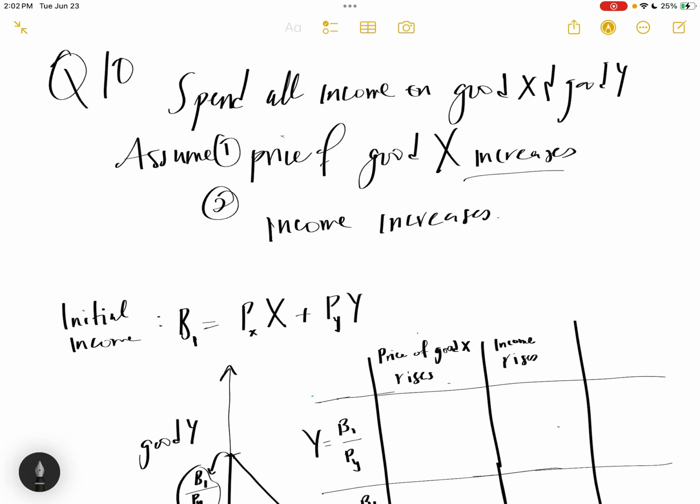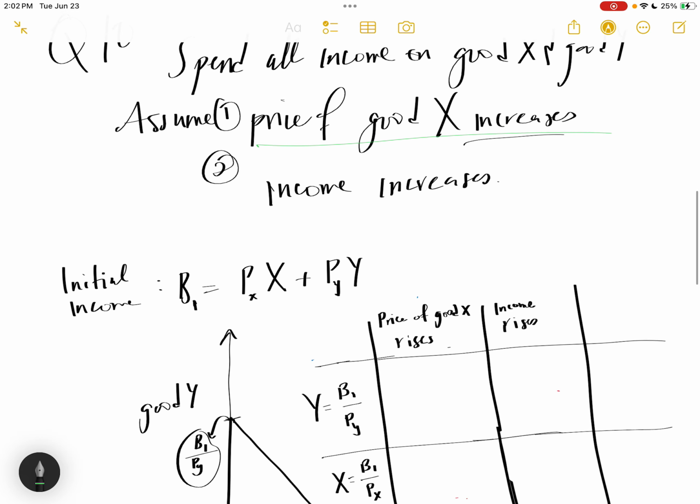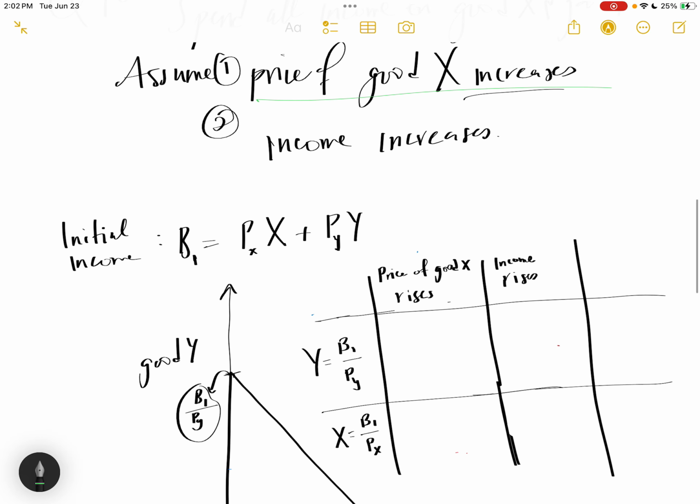Okay, moving on to another question. Spend all income on good X and good Y and assume price of good X increases and income increases. Okay, we are given two scenarios where in one scenario the price of good X increases. We can use that scenario to deduce what happens to the maximum units of good Y that one could buy and the maximum units of good X that one could buy.